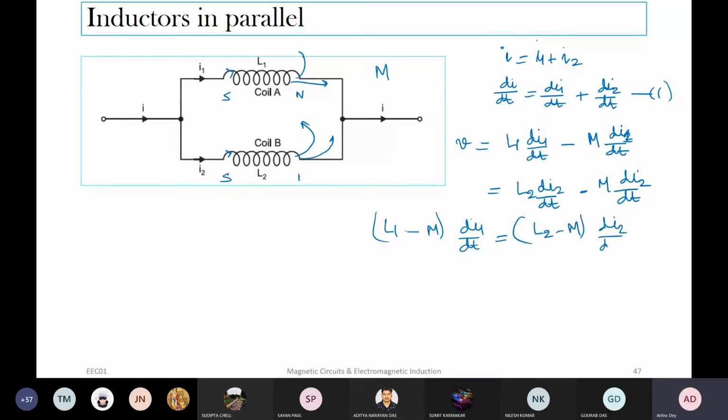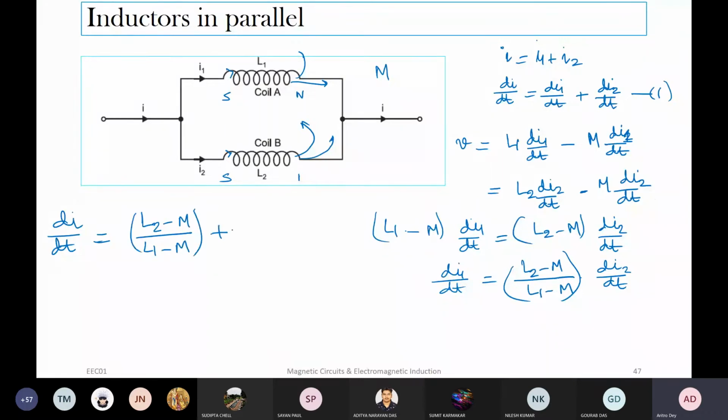So we can write di1 dt is equal to L2 minus M by L1 minus M, di2 dt, isn't it? So if you substitute the whole thing in equation 1, then you can write di dt is equal to L2 minus M by L1 minus M plus 1 into di2 dt.